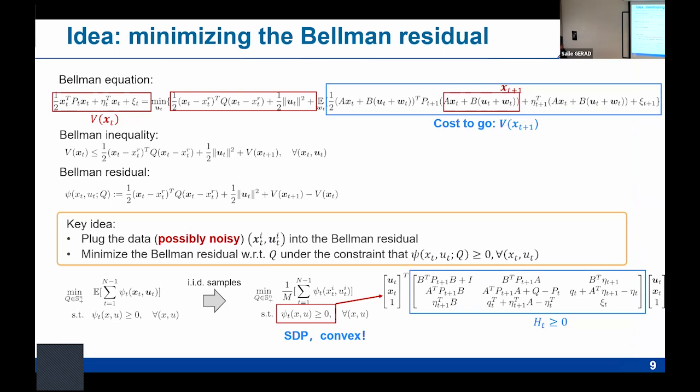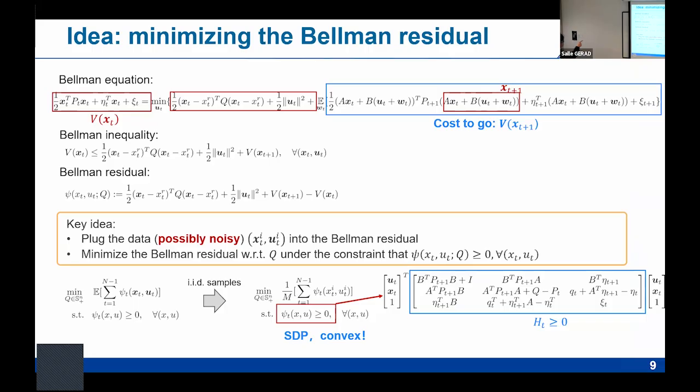Since you have process noise, PMP, the Pontryagin maximum principle, doesn't work because it is open loop. So you write out the Bellman equation, which gives the optimality conditions.